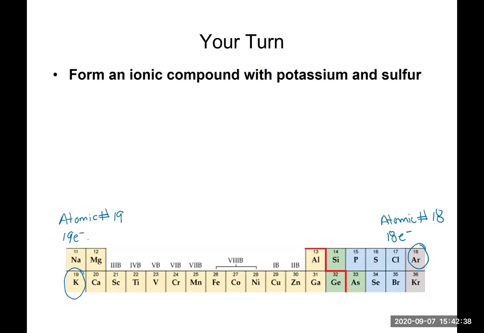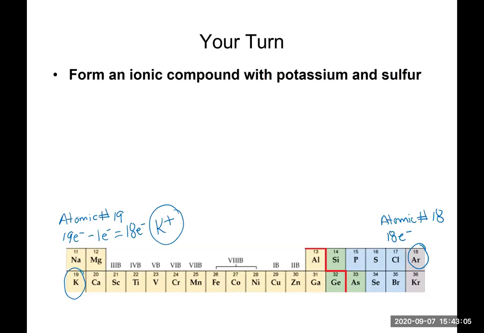So 19 electrons minus 1 electron equals 18 electrons, the electron configuration of argon. In giving up that 1 electron, though, potassium now becomes K+ with an oxidation state of +1.